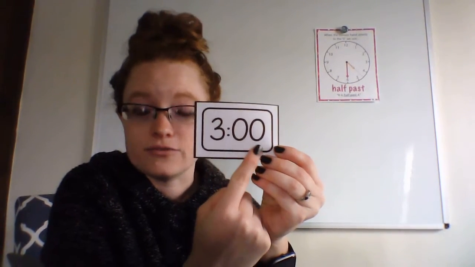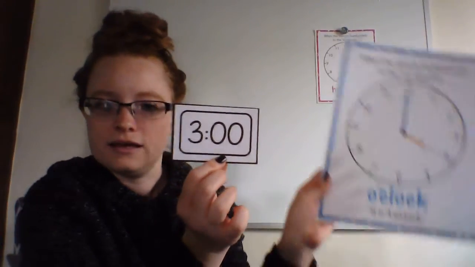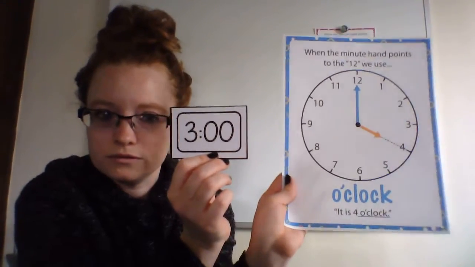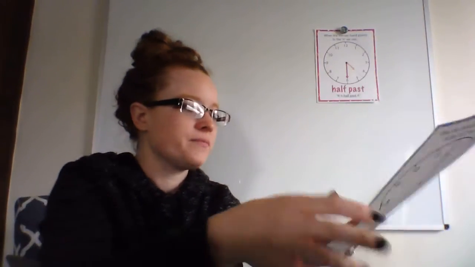This one says 3 o'clock, for example. So we have the 3, we have our 2 dots, and then everything after the 2 dots is your minutes. So since it says 00, that is the same thing as it being told 4 o'clock, and this is showing it's 3 o'clock.